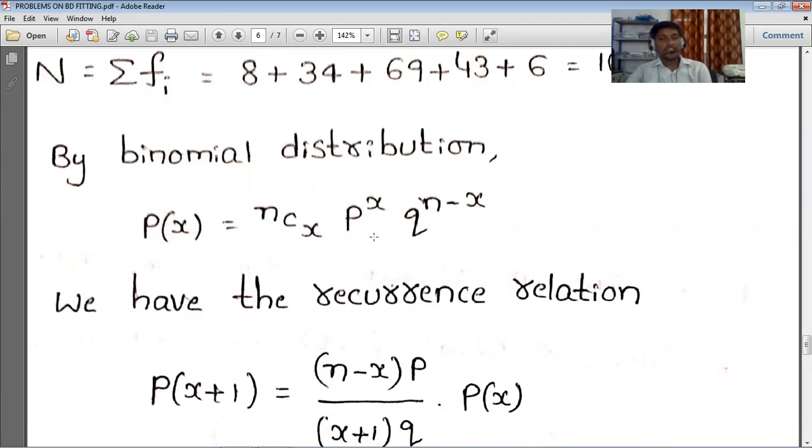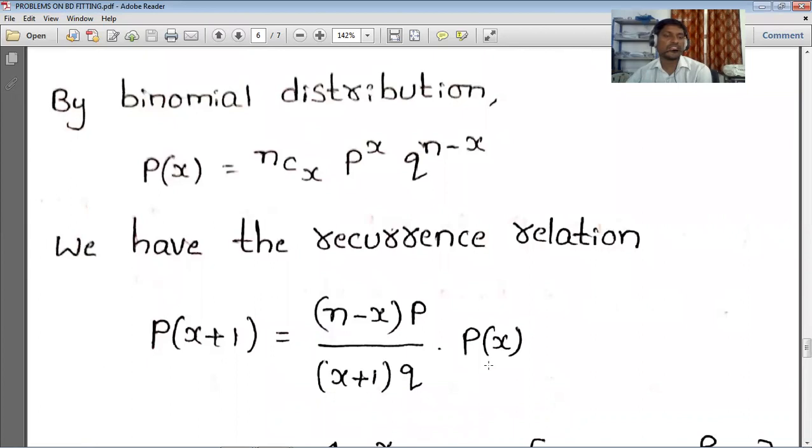Here we are using the recurrence relation of the binomial distribution. In some cases they may mention to use the recurrence relation. Otherwise, you can solve it the same as the previous one. If they specifically mention to use the recurrence relation, then we can use this formula and calculate.